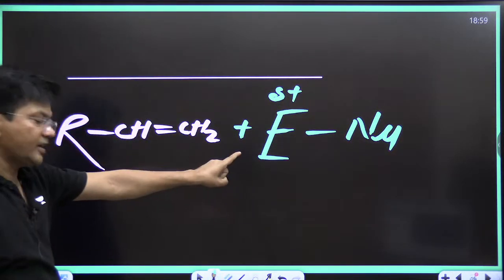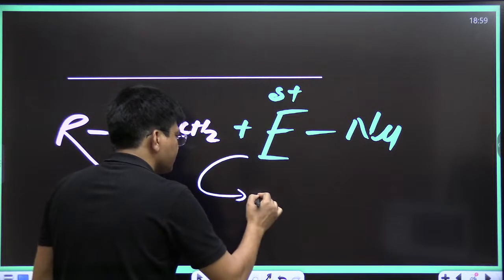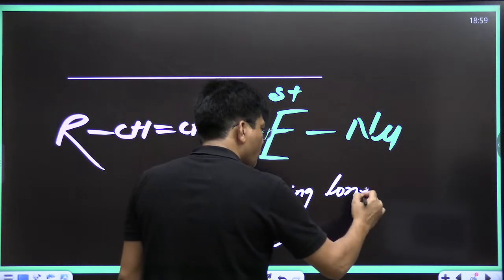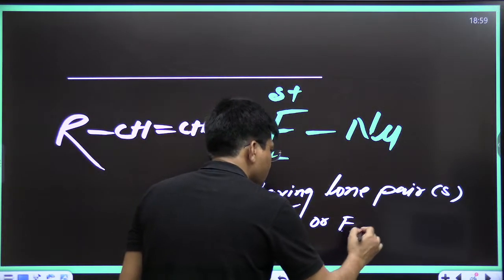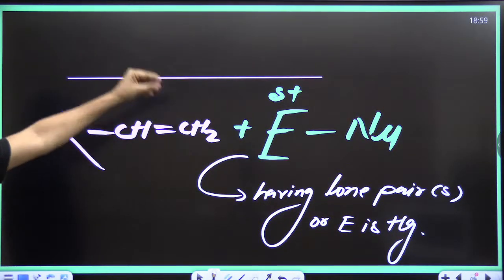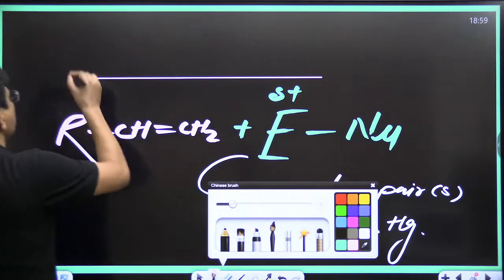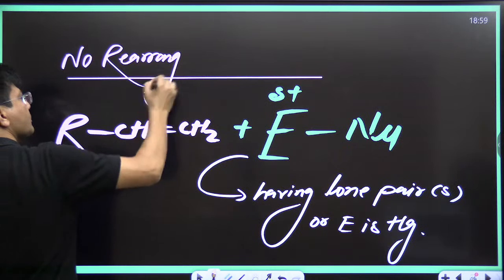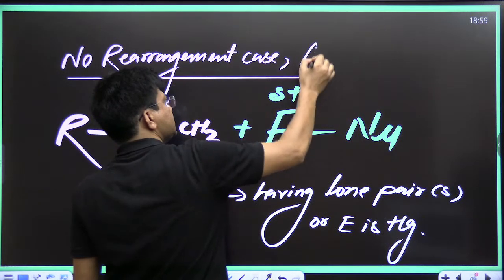If this E part has lone pair or pairs, or E is mercury, then always remember, this is always going to be a no rearrangement case, an anti-addition case.